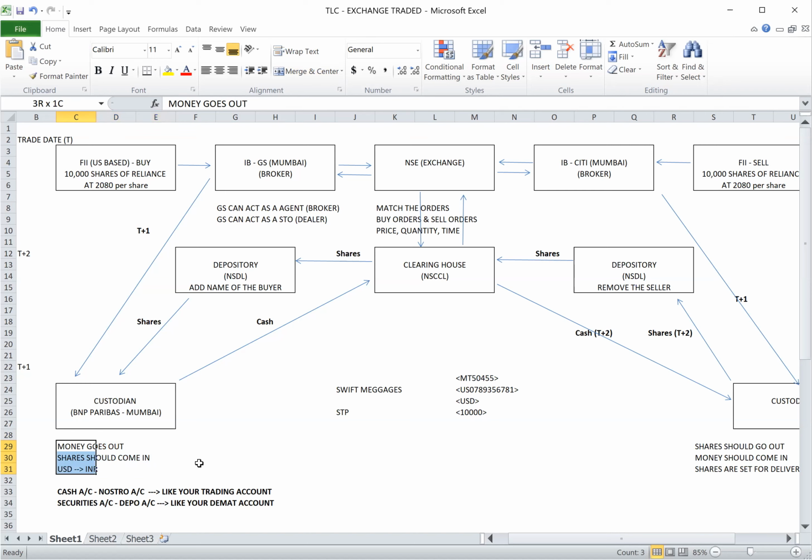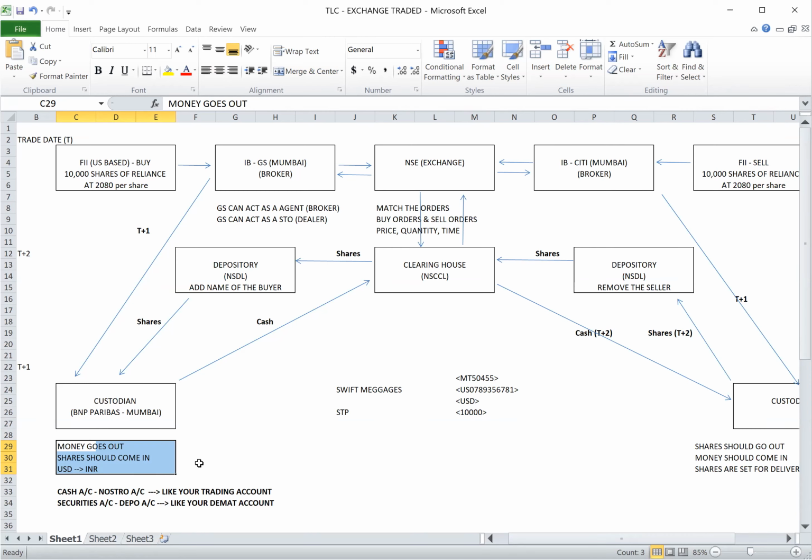If they are keeping the money in USD, the money also needs to be converted into INR. Who would do it? Custodian would do it. Because you need to pay in INR to buy Reliance shares. So if the money is kept in the form of USD, it needs to be converted into INR. Custodian would do it.